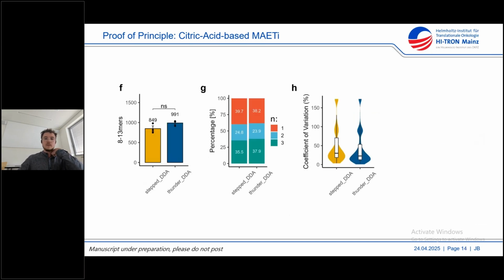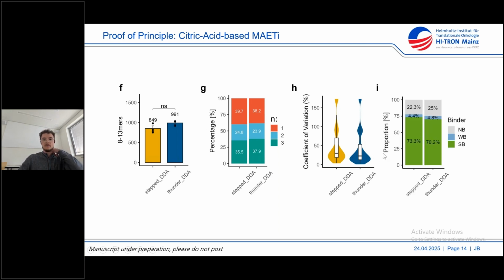And also, when we take a look at the data completeness, where we look at how many peptides are identified across all replicates, we can also see a slight improvement for Thunder DDA-PASEF, but not very significant. Also, when we look at the MS1 area coefficients of variation of the short 8 to 13 mers, we can see that the reproducibility of Thunder DDA-PASEF was slightly better, but irrespective of the method, it was around 35% mean area CV.